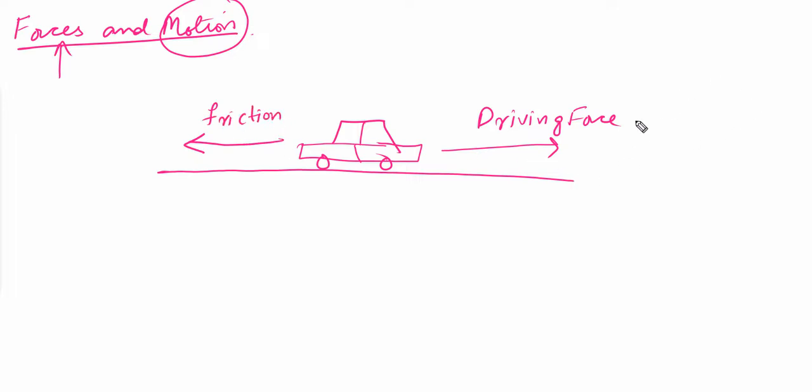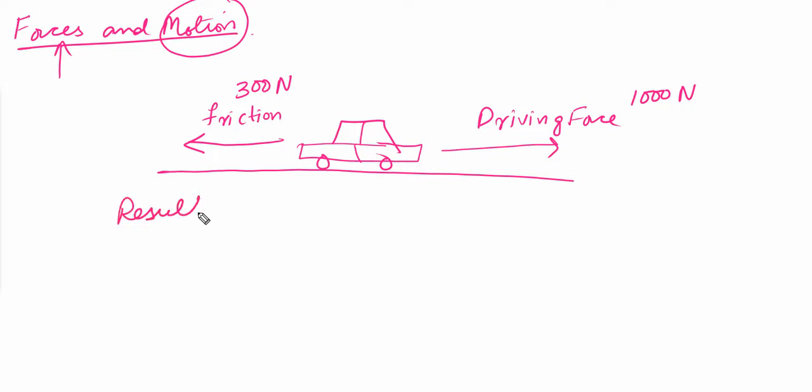Let's suppose this driving force is 1000 Newton. Newton is basically the unit of force. And the force of friction in the opposite direction, let's suppose it's 300 Newton. Then the resultant force applied on the car is the forward force minus the backward force. So this is how we can find the resultant force.